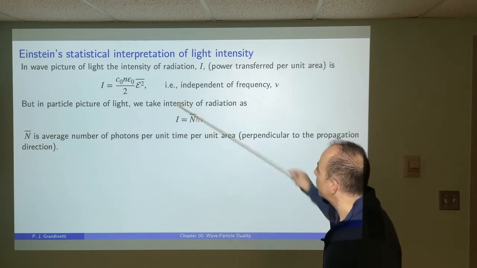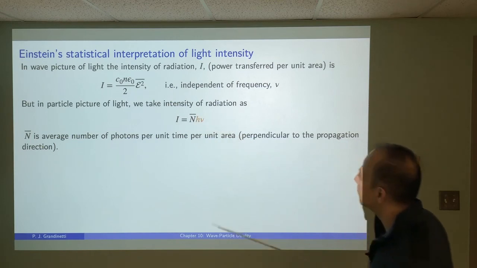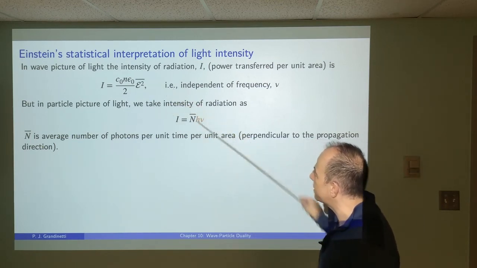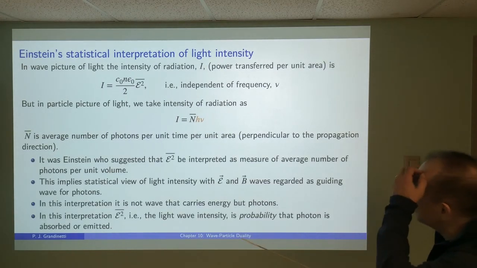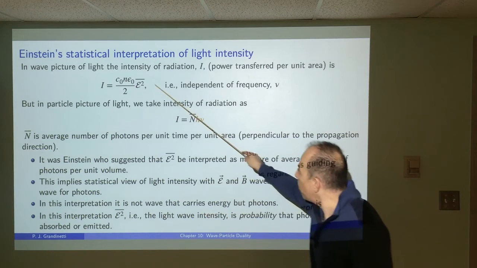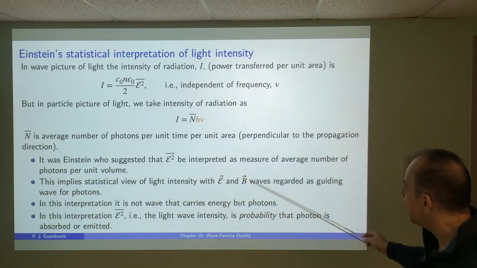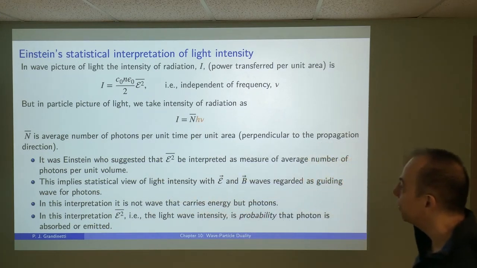So here we have two expressions. This is what you would have from classical wave theory, and here's what Einstein was proposing. Somehow we know this is true, and we know this is true, so what's the interpretation here? What Einstein suggested was that this quantity, the average value of the electric field squared, is some kind of measure of the average number of photons per unit volume.